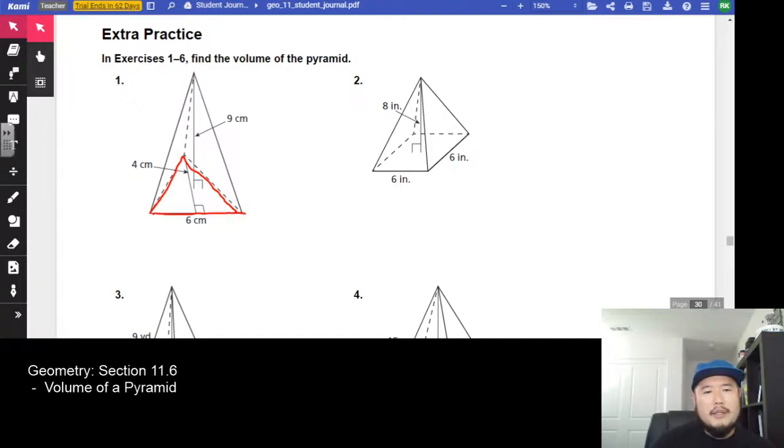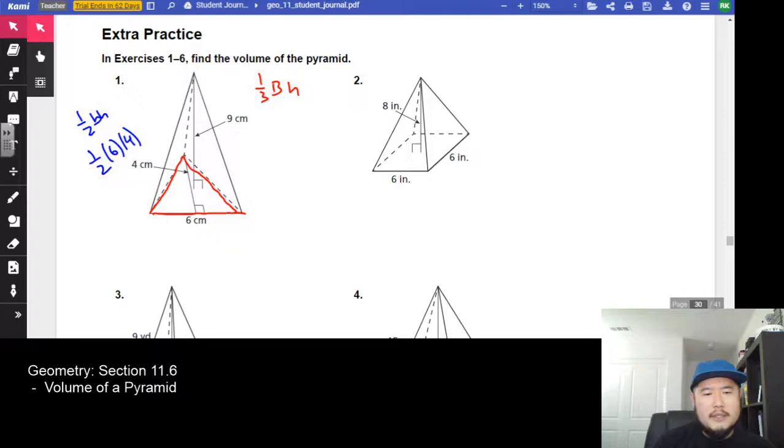That's where it is. So we have 1/3 capital B times H, and this time we have a triangle, so we have 1/2 base times height. So we'll have two B's. We'll substitute. Let's go ahead right here. I'll have 1/2. We have a base of 6 and a height of 4.